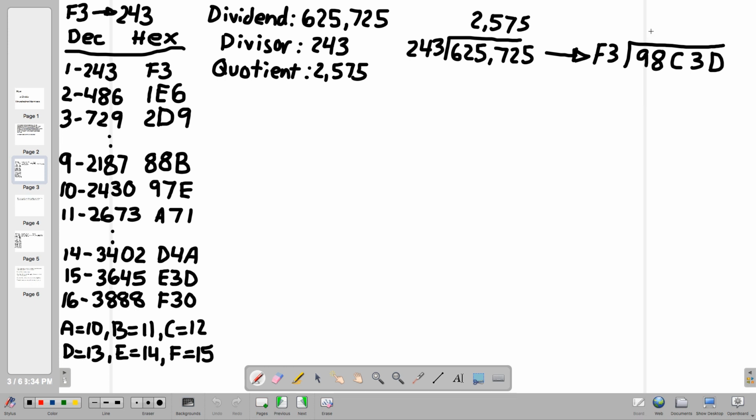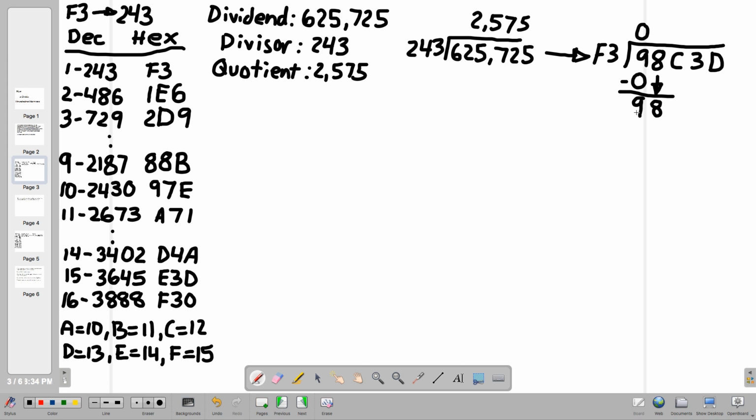The answer there would be 0. And so F3 times 0 is 0. Then we subtract 0 from 9, and that leaves us with a 9. And then we carry down the 8. And that completes the cycle.